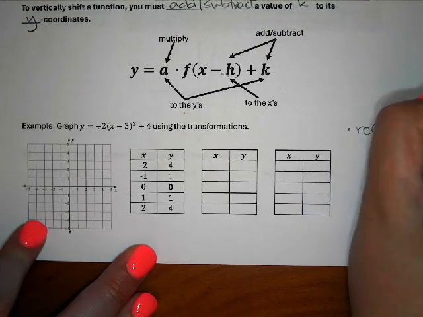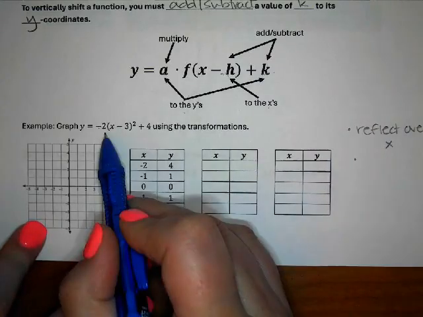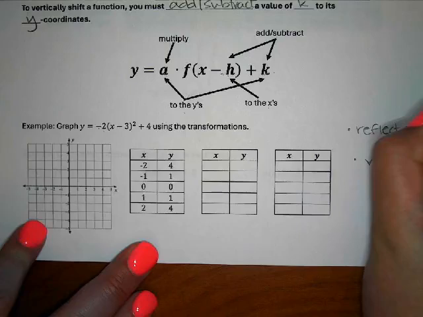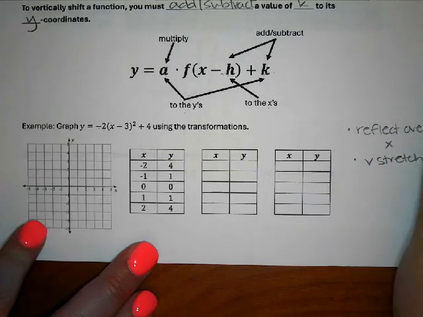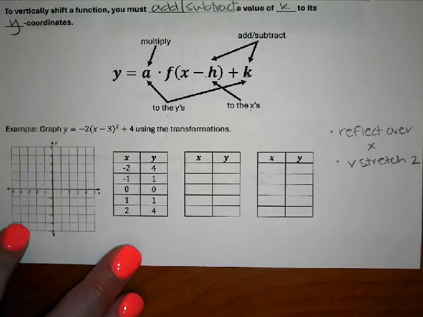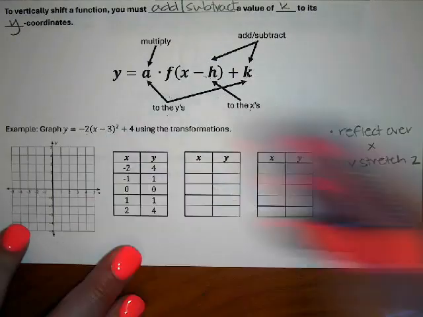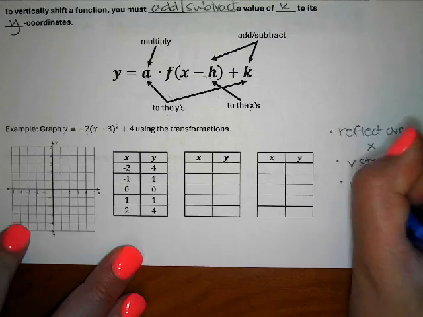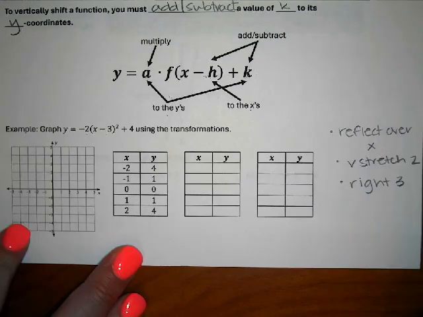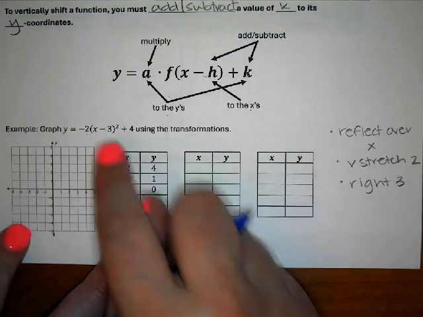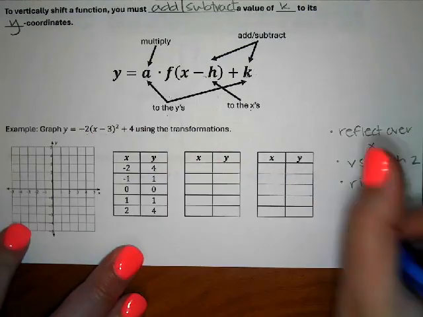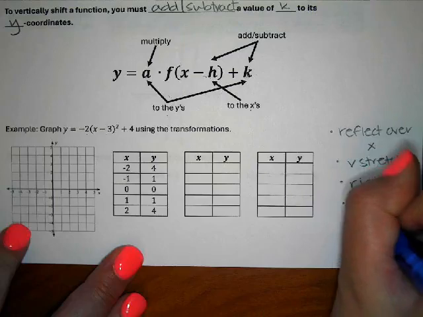The 2 means that the graph has been vertically stretched by 2. The -3 means that the graph has been shifted to the right 3. So the inside of the function is kind of the opposite of what you would think. A minus actually means right, not left. And the +4 on the end means the graph has been shifted up 4.